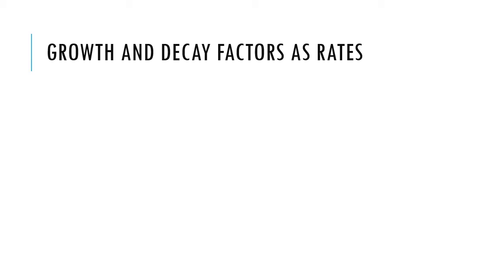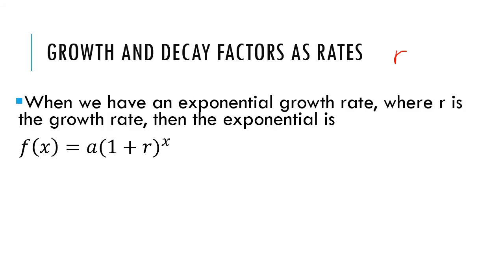Growth and decay factors can also be represented by rates, where the letter r represents the growth or decay rate. When we have exponential growth, r is called the growth rate, and the function is f of x equals a times 1 plus r to the x, where 1 plus r is the growth factor.